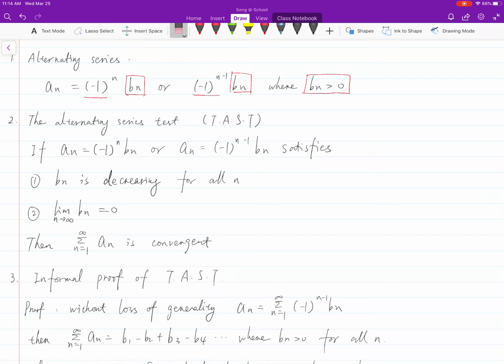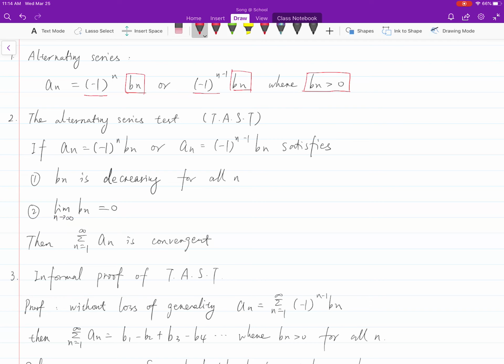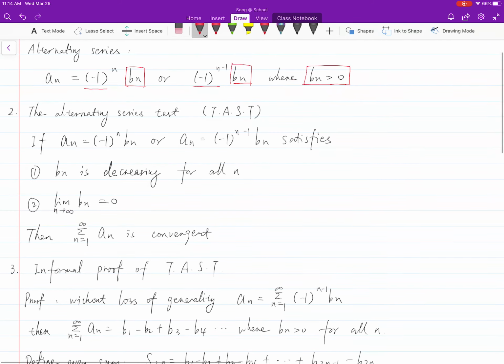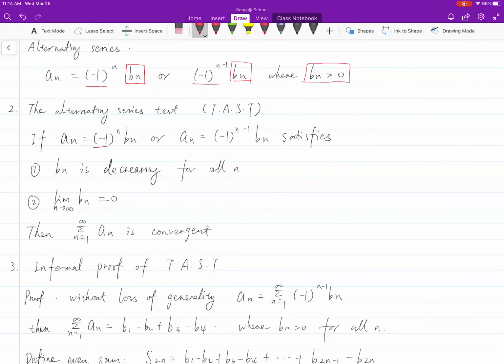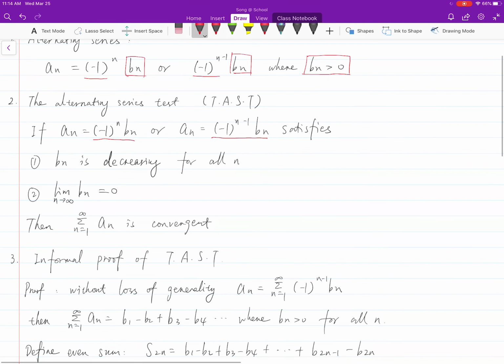Okay, now we know what an alternating series is. The next job is to see, can we decide if an alternating series is convergent or divergent? To do that, we have a very convenient theorem, which is called the alternating series test. So let's take a look at this alternating series test. If it's alternating, like we said, we have only two cases.